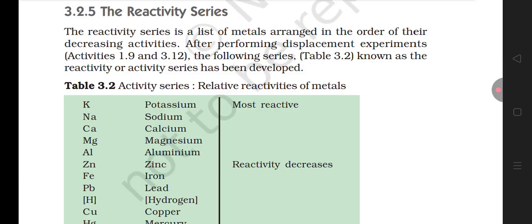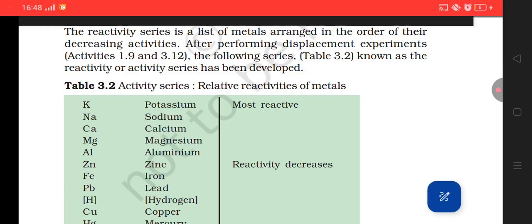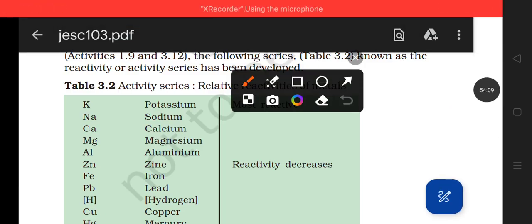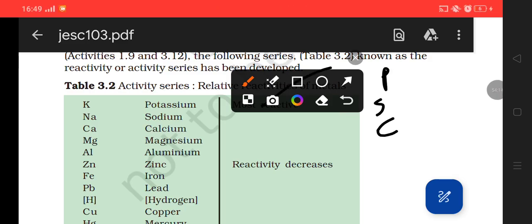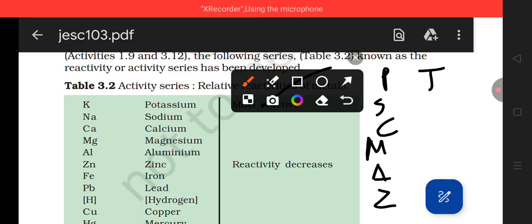And similarly, there is one more trick that I'll try to suggest you, which my teacher told me. So it is like this: PSC, PSC, MA, ZINTL, okay, NTL.